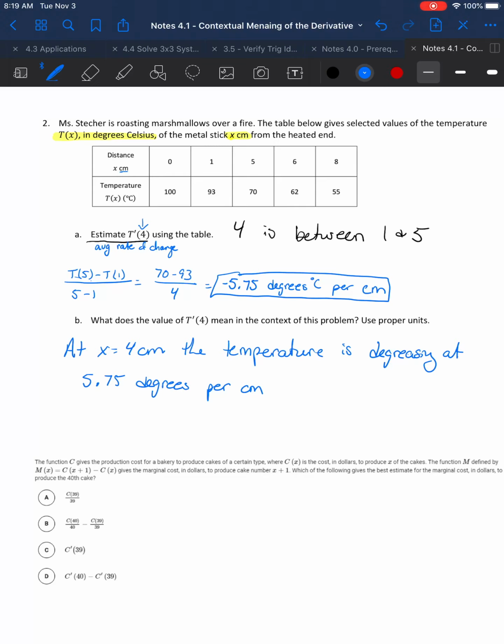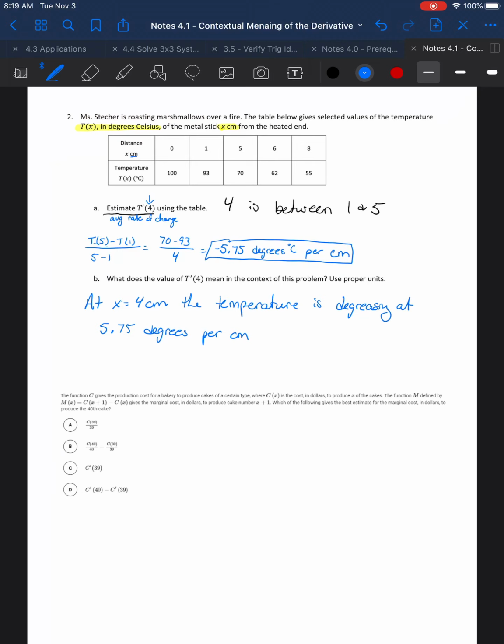Okay, and I want you to understand that a rate of change is not always with respect to time. In this example, it's degrees per centimeter, and think about it. When you roast a marshmallow on one of those metal poker sticks, the front end of the poker stick is a lot hotter than it is back by your hand. That's what this question is in reference to.